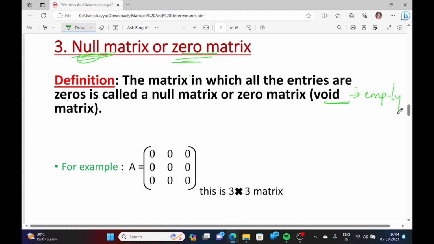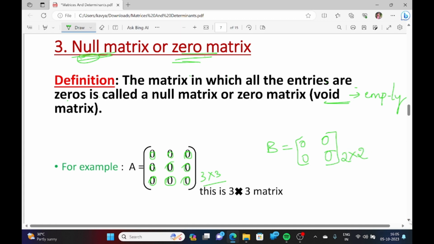Void means empty, so we have to write zero there. All the entries in this matrix are 0 0 0 0. This is a 3 cross 3 matrix. We can also write a null matrix of order 2 cross 2 as 0 0 0 0. This is also a null matrix.